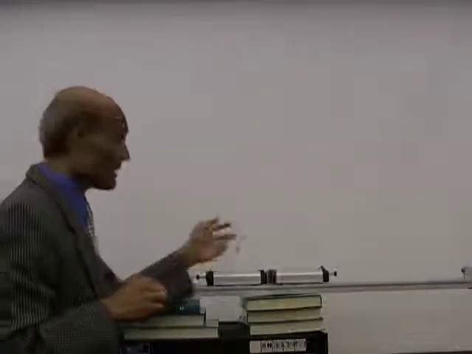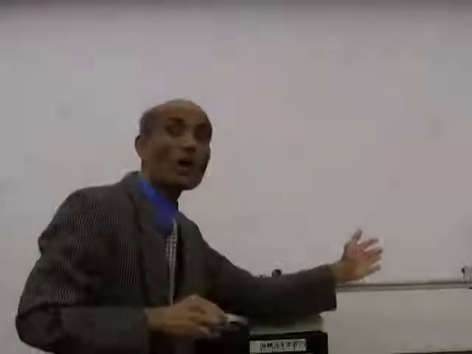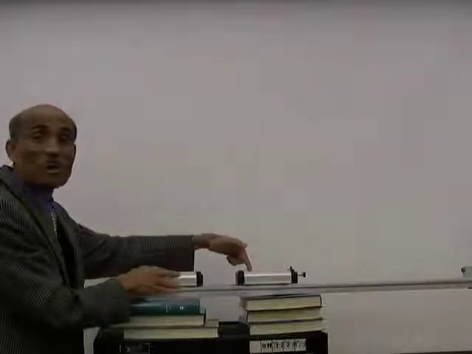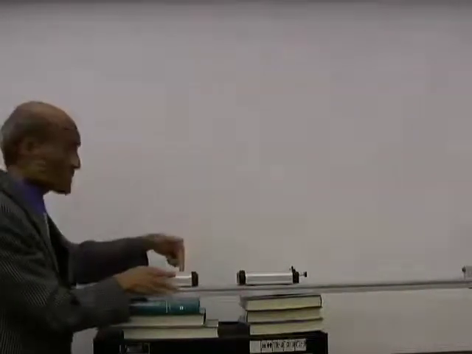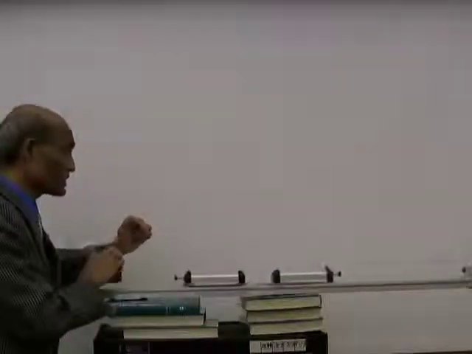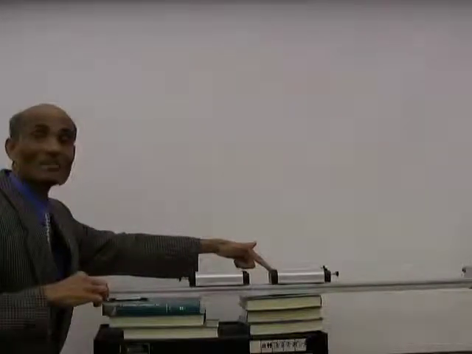You notice that this comes to a stop and the momentum is taken over by the second one. The momentum of this object is 0 before collision. This has a momentum, and what happens after collision? The momentum of this becomes 0 and the momentum is taken over by this one. This happened because these two objects have the same mass.